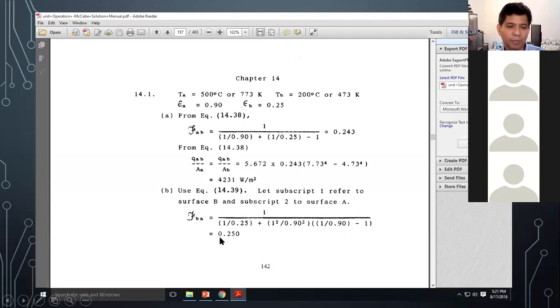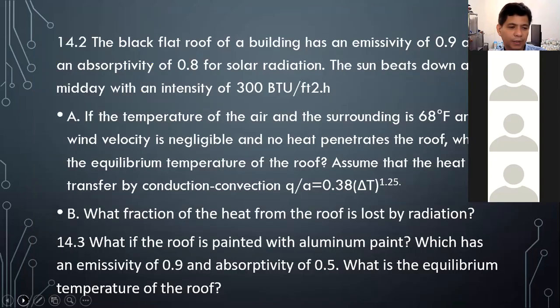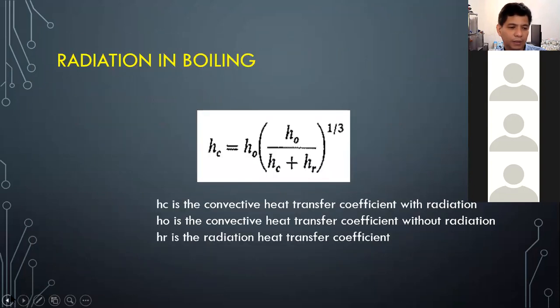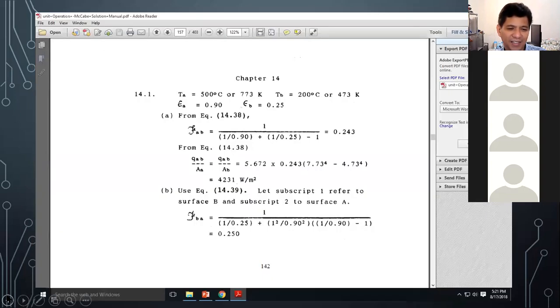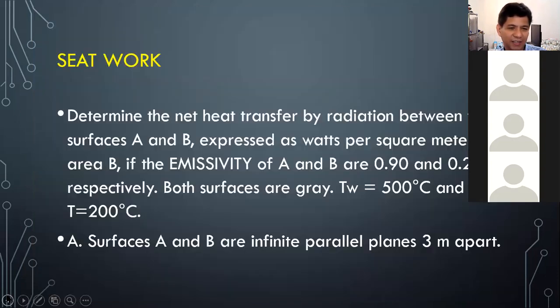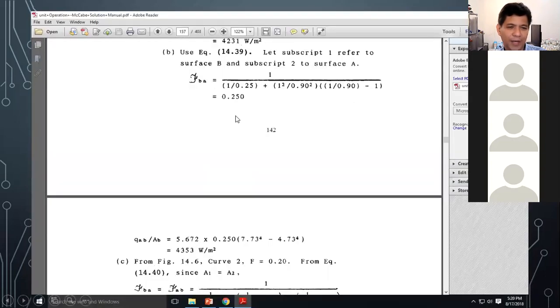Ito itong letter B. Ito yung angle factor 0.25. Nasan yung final answer niyo? Ito pala, 0.25. Tapos ito yun, 4353. Kita nyo? Final answer?